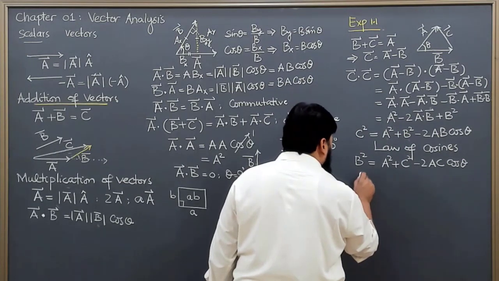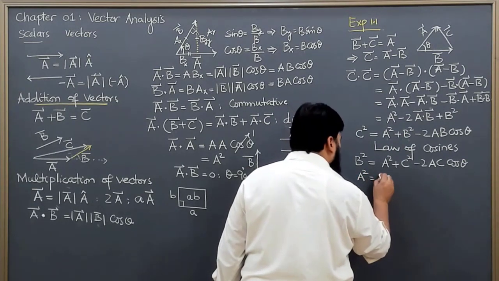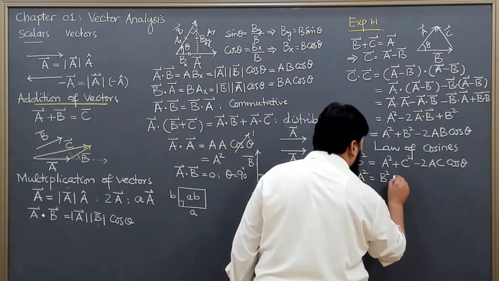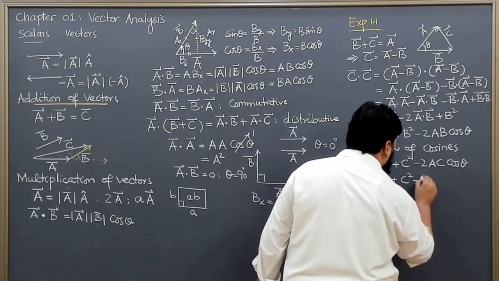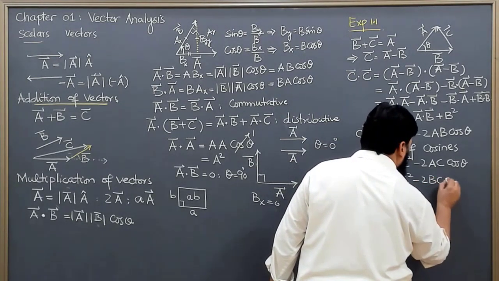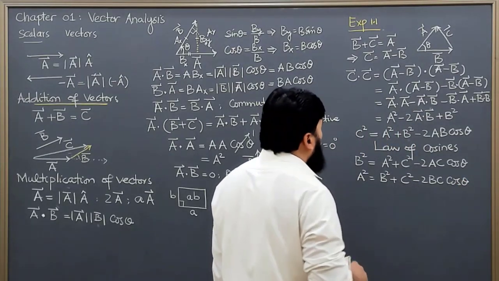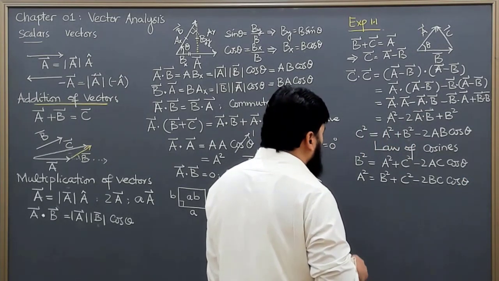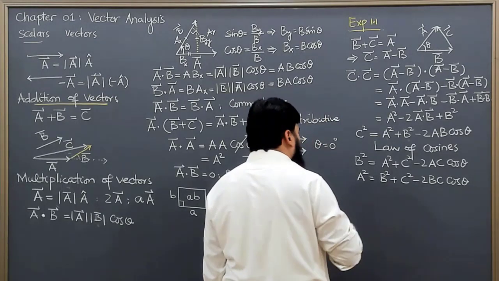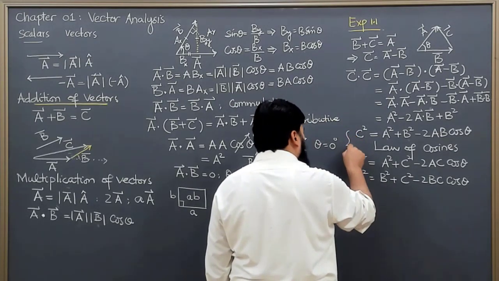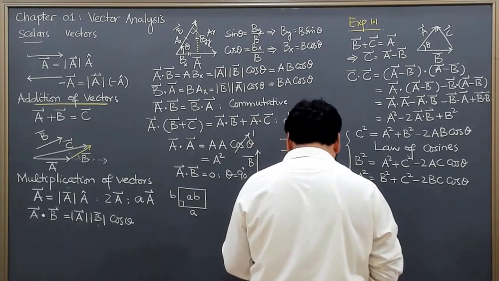Similarly, A square will be equal to B square plus C square minus 2BC cos of the angle between B and C. So that's why it is called the law of cosines.